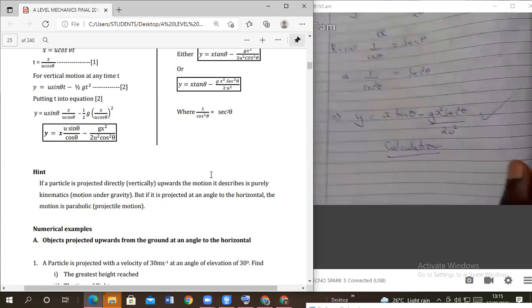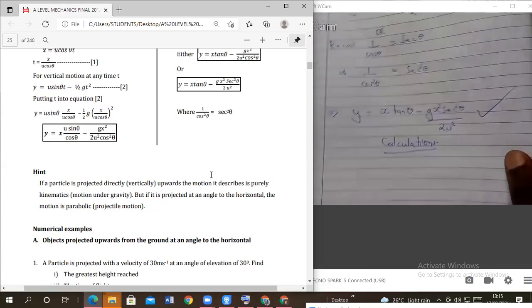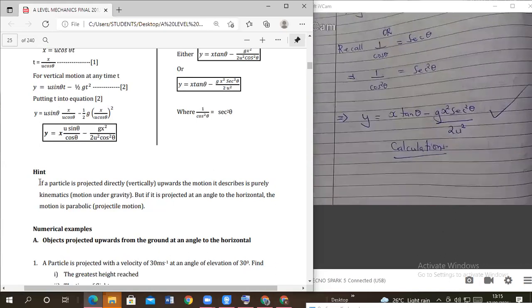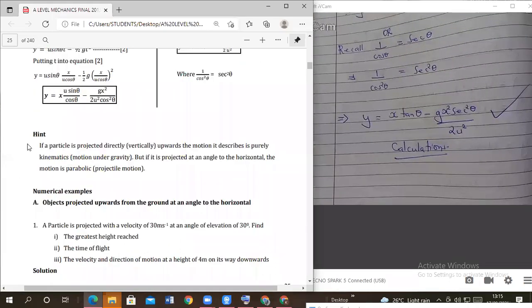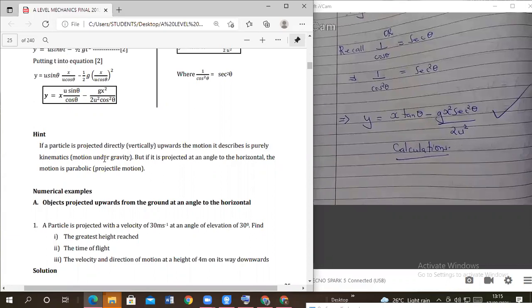Before we go to calculation, I think of this note here. We say that if a particle is projected vertically upwards, the motion it describes is purely kinematic, which is motion under gravity. This means the angle of projection is 90 degrees, which we have seen under equations of motion.